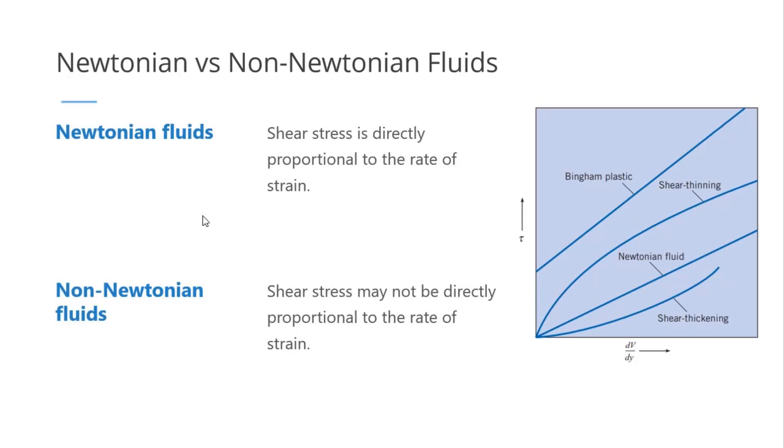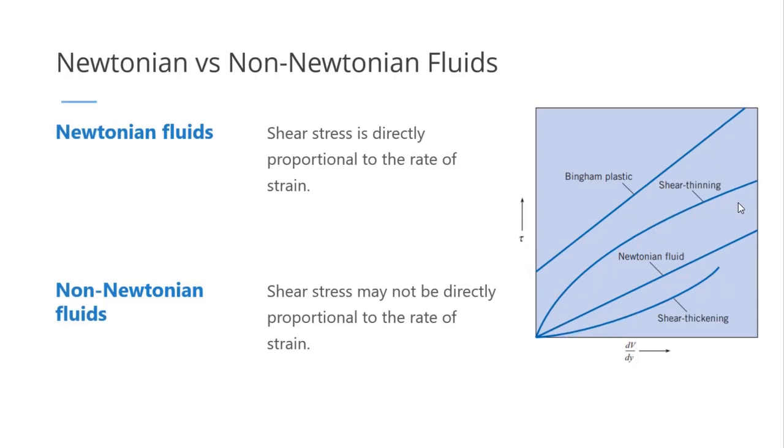We also have Newtonian versus non-Newtonian fluids. Newtonian fluids are fluids whose shear stress is directly proportional to the rate of strain. So we have a straight line. For non-Newtonian fluids, shear stress may not be directly proportional to the rate of strain. So we have shear thinning, shear thickening, and Bingham plastic.